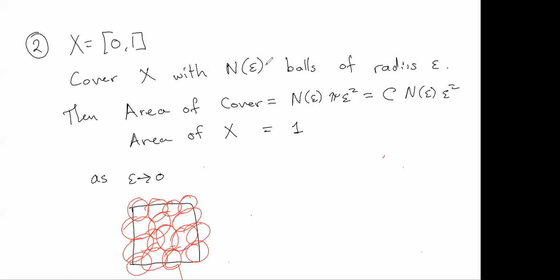So the area covered equals n times pi epsilon squared. But if we're trying to cover a square with circles, don't we have overlaps of the circles? Yes, you're right. So actually, let's say it's going to be less than.